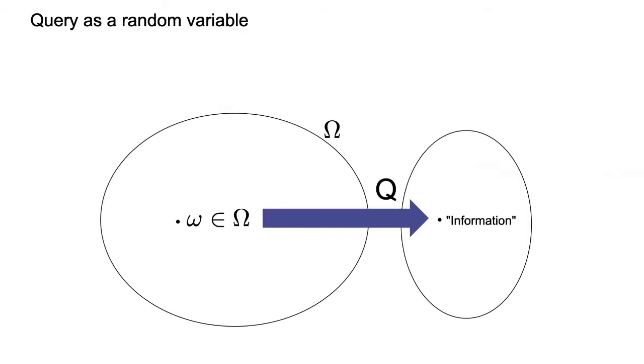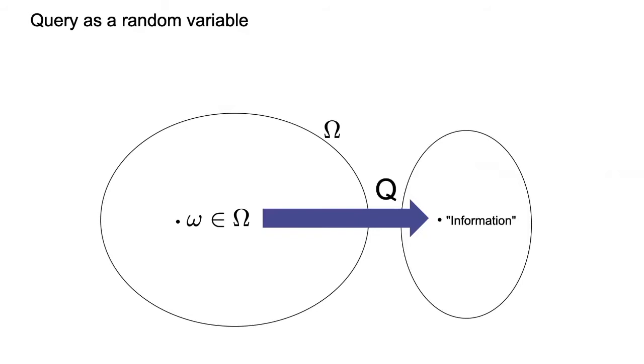Then we can consider that a random variable Q maps every elementary event to a query, right? And this specific elementary event is mapped to that specific query. But in fact, it's a random variable. It maps every single elementary event to a query. And of course, maybe 1 million different elementary events will be mapped to the same query, right?